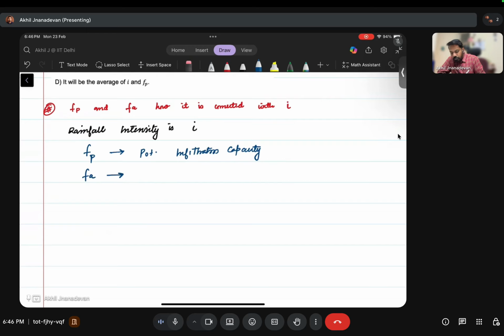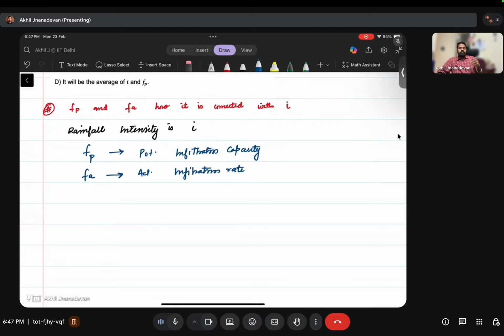Sometimes, all the time, the rate of the infiltration won't be the maximum. That much rainfall won't be available. If that much water is not available, then it won't be infiltrating at that particular rate. This is similar to the potential and actual evapotranspiration that we already saw in the previous lecture, right? So here, FA is the actual infiltration rate.